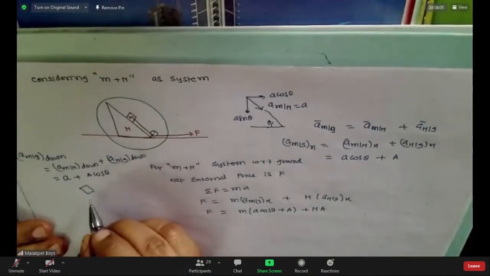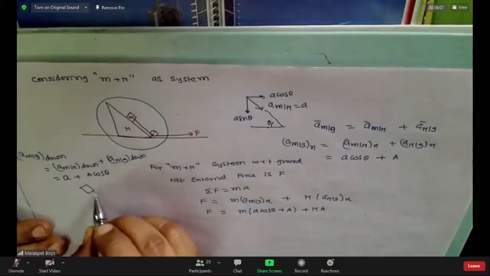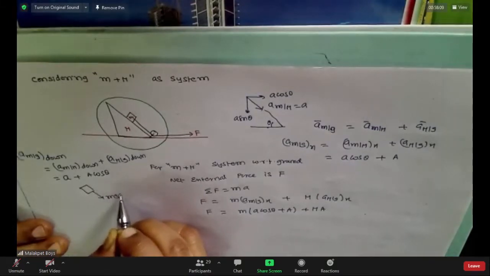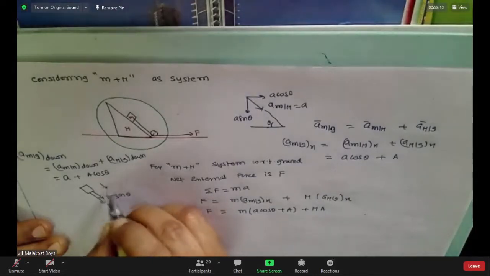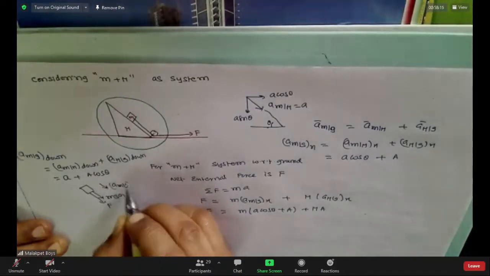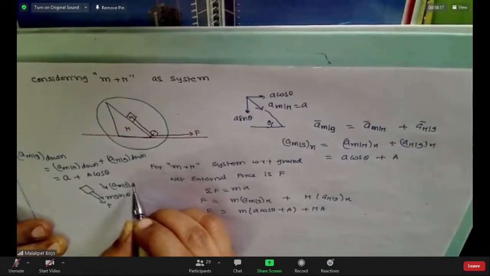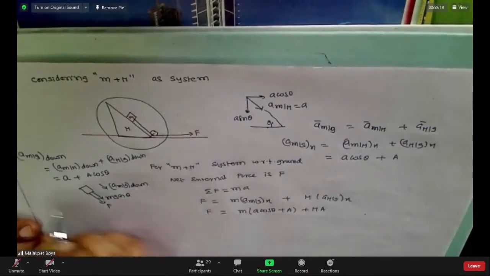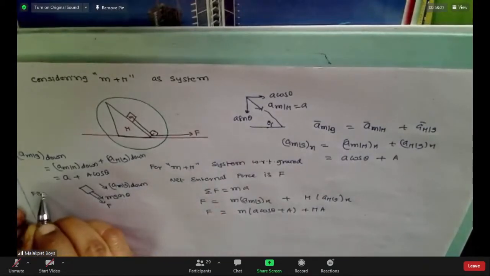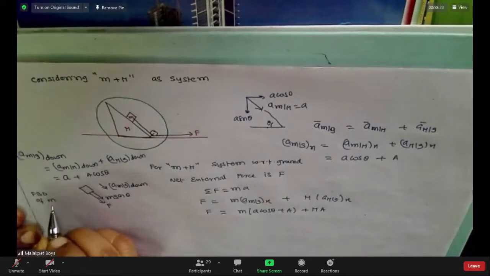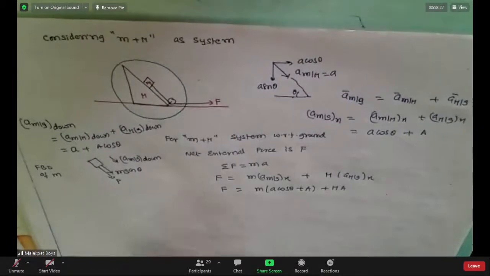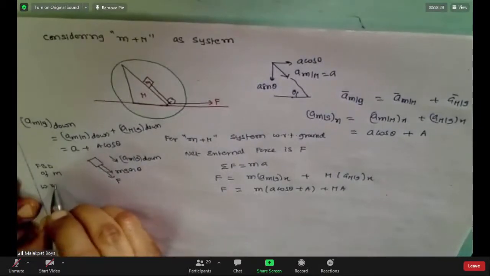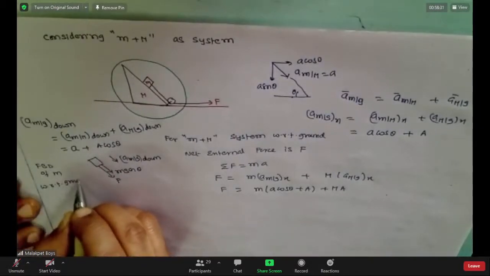So here what are the forces? Down the plane I am showing, nothing else. This is the acceleration of mg down the plane, because this is the FBD of small m with respect to ground. Follow this.